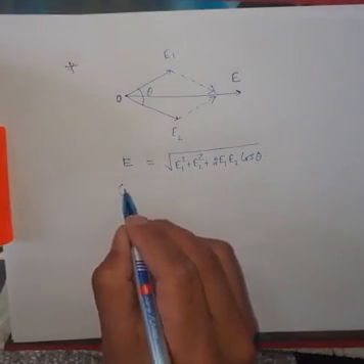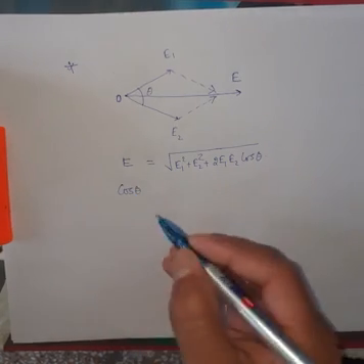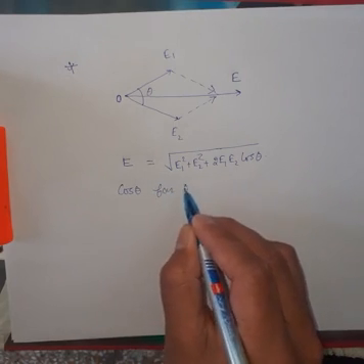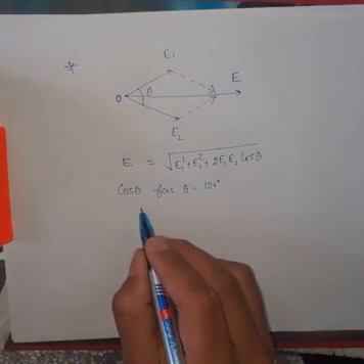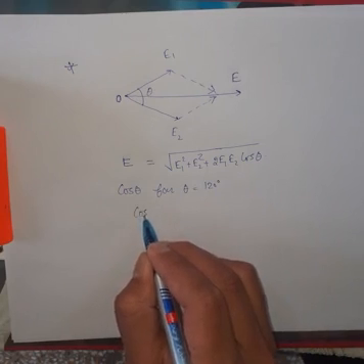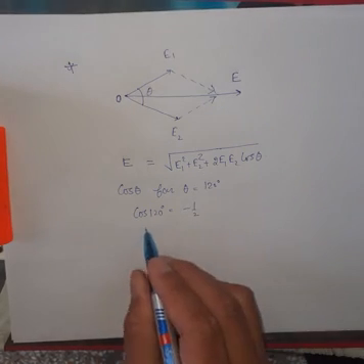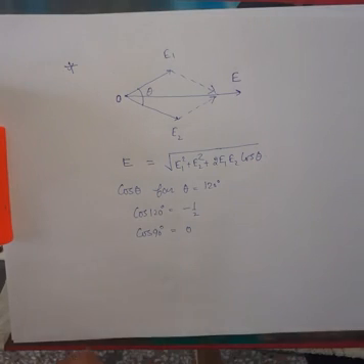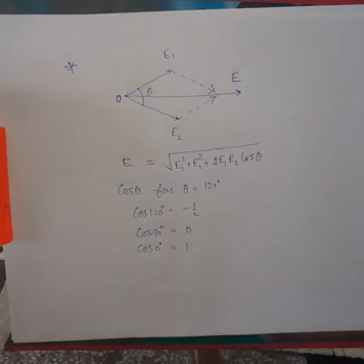Remember over there, if we have to calculate cos theta for an angle of 120 degrees, then the value of cos 120 degrees will be minus 1/2. And if it is for cos 90 degrees then this is going to be 0, and if it is cos 0 degrees then its value will come 1.